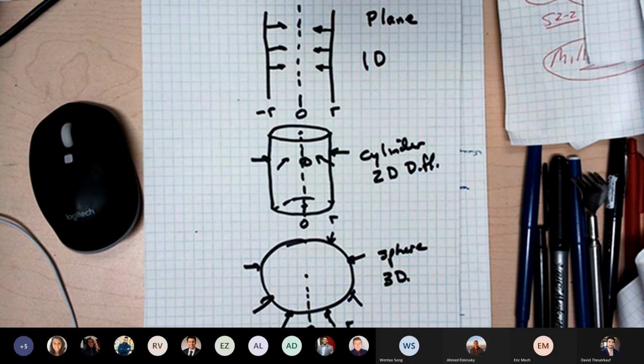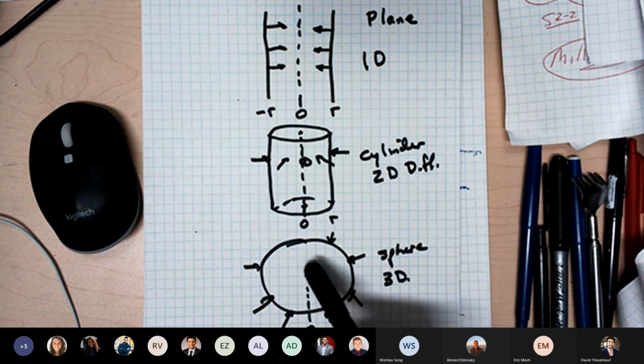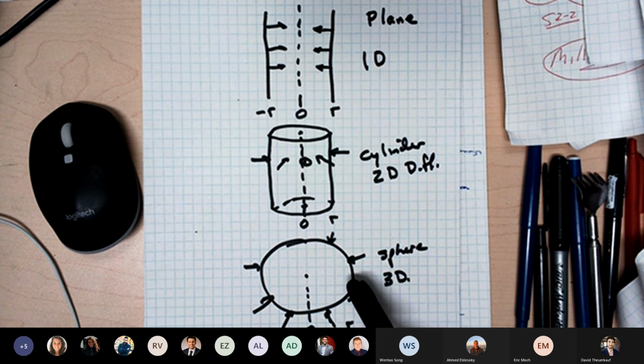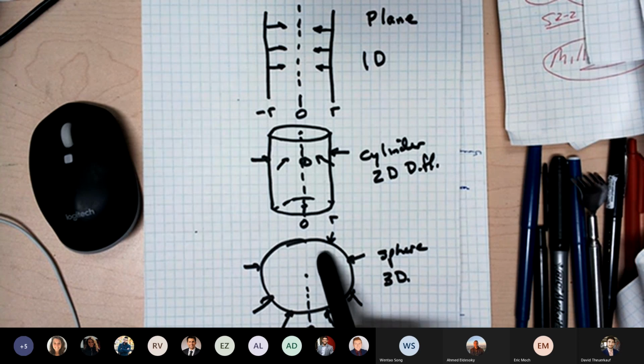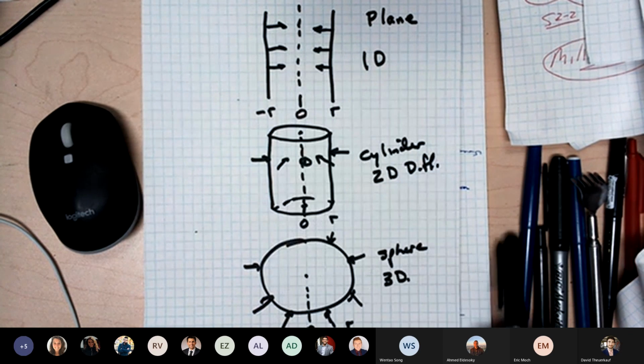And what you'll see going into this lecture, when we get further along, is that the rate capability, meaning the ability for lithium ions to diffuse from the surface to the middle and to fill the most fraction of available sites, is best in the sphere case compared to the others.